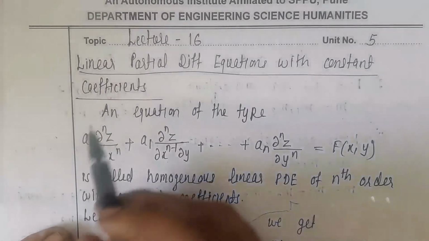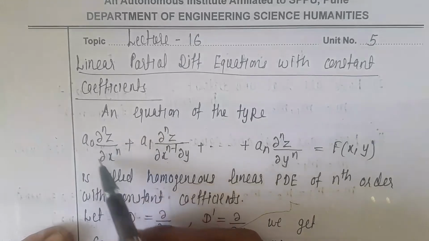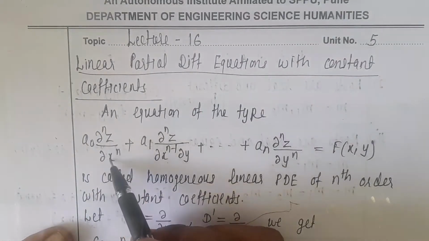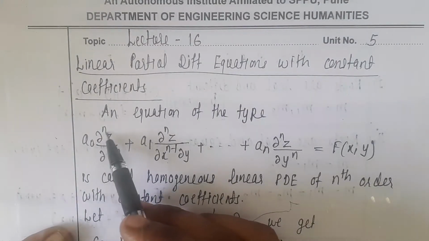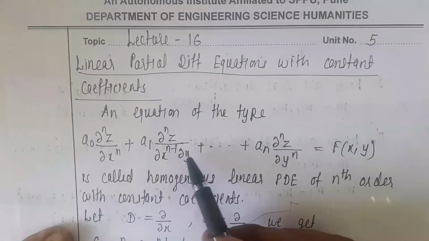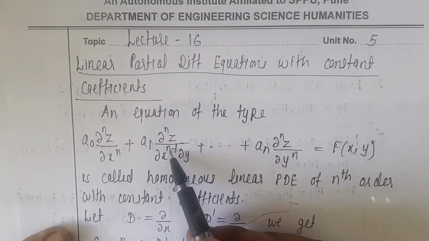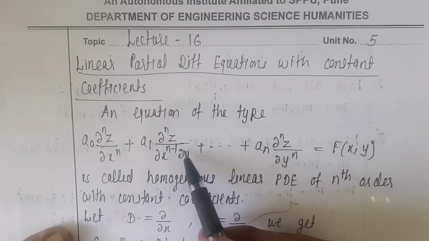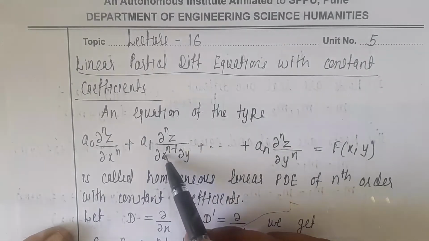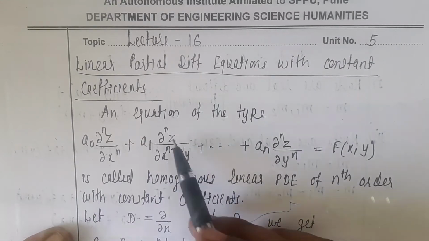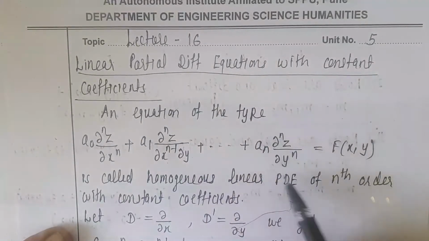Now nth order means every term, if we observe each and every term, order of this differential coefficient is n, because here order of this first term is n, second term ∂ⁿz divided by ∂xⁿ⁻¹∂y, n minus 1 plus 1, so this becomes n. So it is again nth order, last term is also nth order.